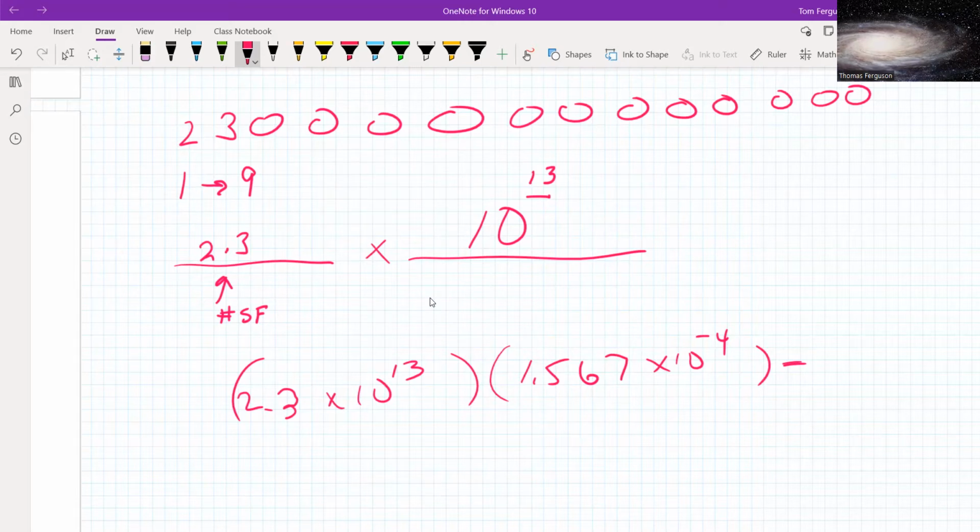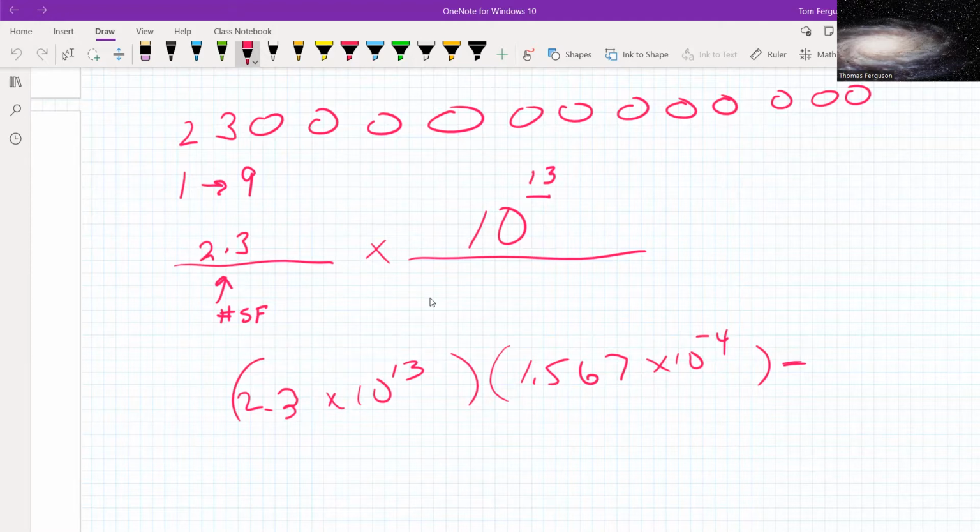So I'm going to put into my calculator 2.3 EE 13. The other way to do it is 2.3 times 10 caret 13. You're saving yourself steps if your calculator has an EE function.